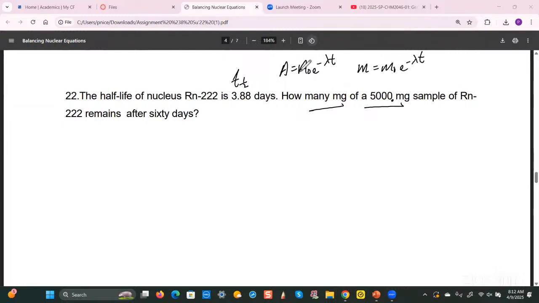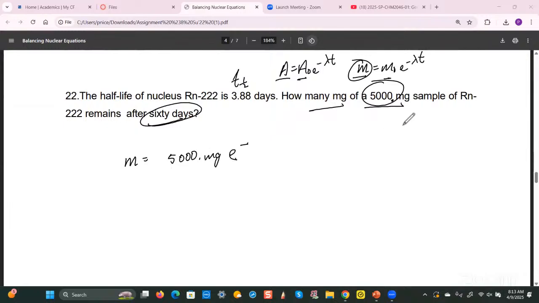We can replace the activities with the masses. Now in this case, the question is asking for M at 60 days, so we can use this equation directly. So M would be equal to the initial mass, which is 5,000 milligram, times e to the minus lambda, we don't know what lambda is, times t.